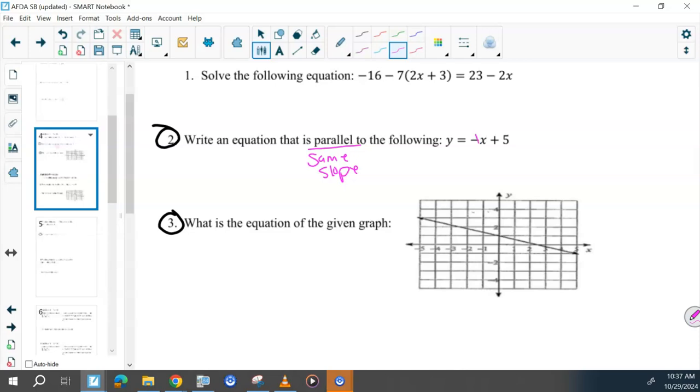So because it's the same slope, I'm going to use that same slope, negative 1, or you can just put it as negative x, and then we just need a different y-intercept. Someone give me a different number. Negative 5 would work. Okay, questions on that?